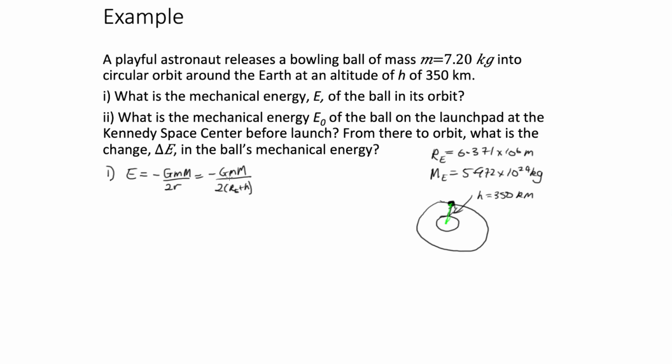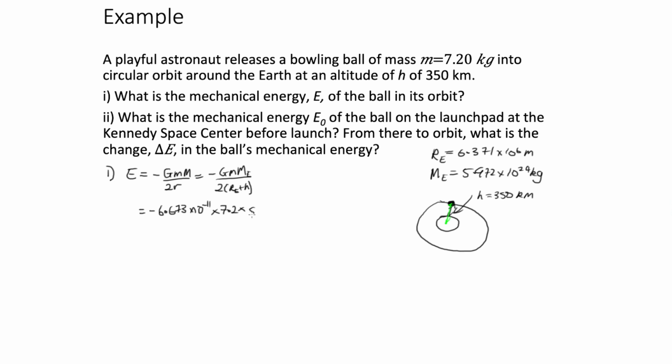So now what we can do is just substitute in numbers and evaluate. So this is minus 6.673 times 10 to the minus 11 times little m, which is the mass of the bowling ball, which is 7.2, times big M, which in this case is the mass of the Earth, because that's the other object.